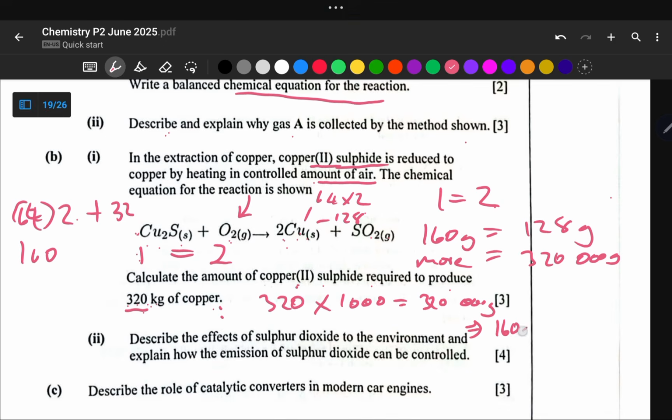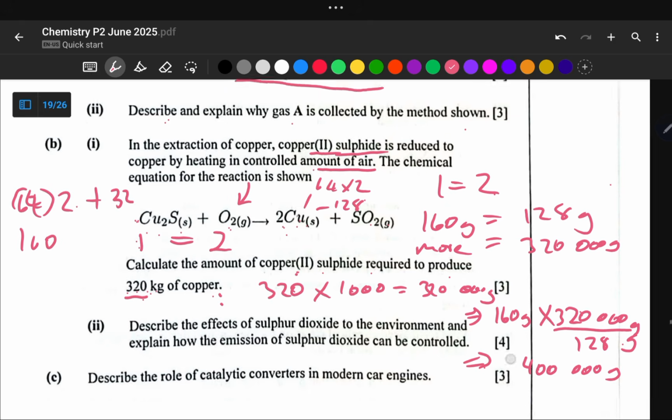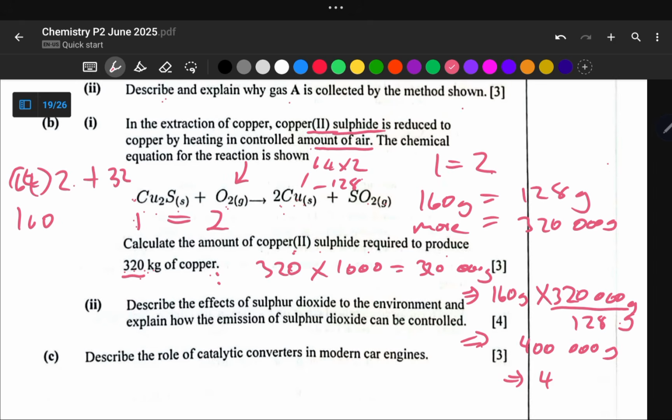It's 160 grams multiplied by 320,000 divided by 128 grams, and this will give us 400,000 grams, which can be converted to 400 kgs by dividing by 1000.